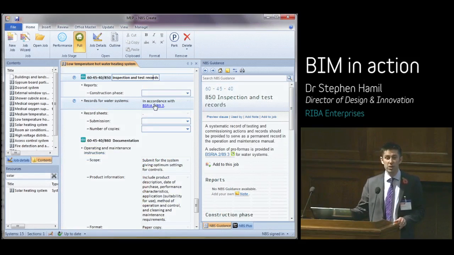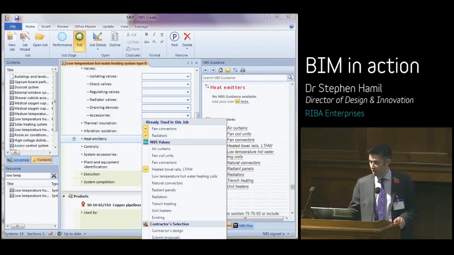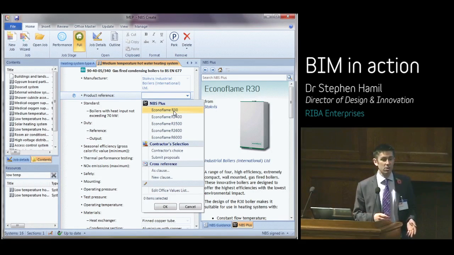You can also use these specification tools to pick all of the individual products. So come across here and pick a particular sort of fan convector, radiator, towel rail, and specify that generically. But then sometime down the line, someone's going to pick a manufacturer's product based on the generic specification.